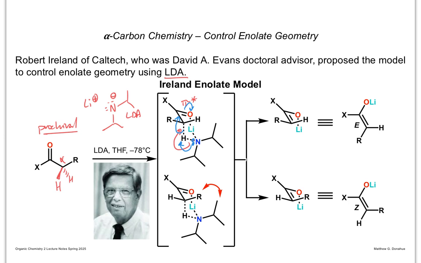And that's only achievable when the hydrogen's axial. So when you do that from the top transition state, what you end up with is the E enolate.